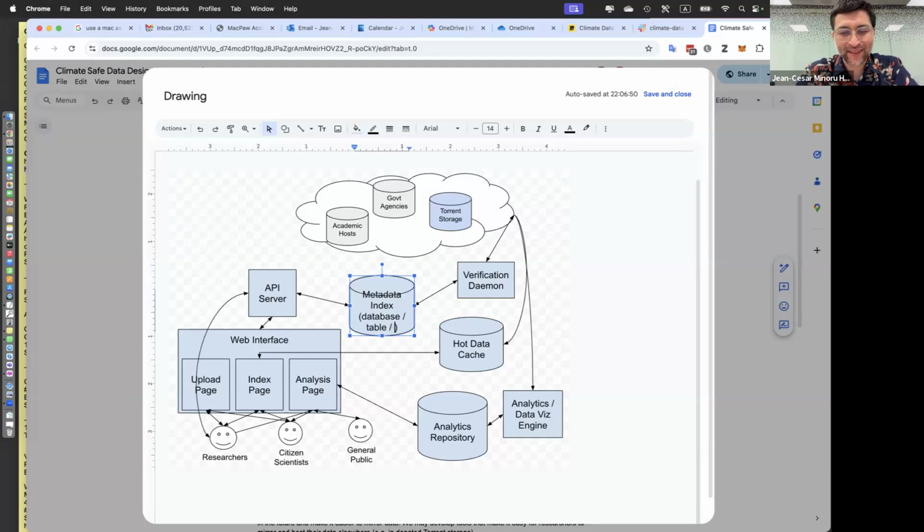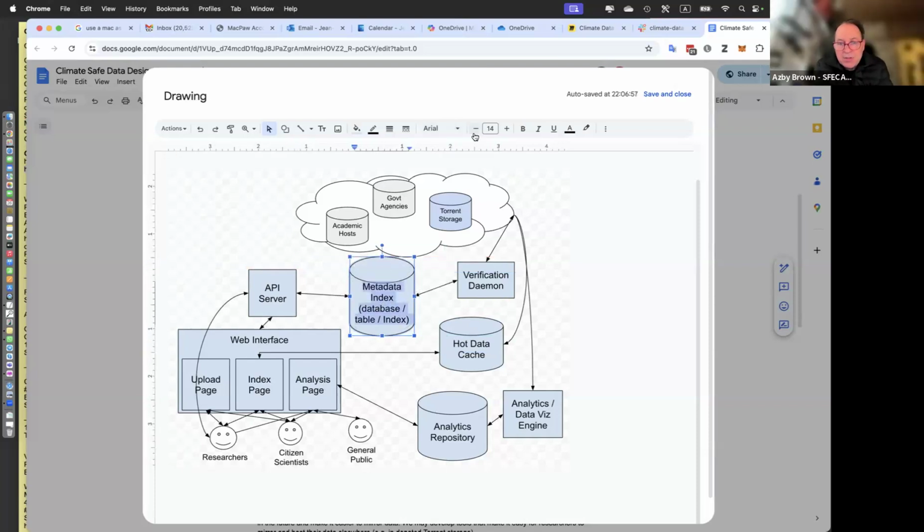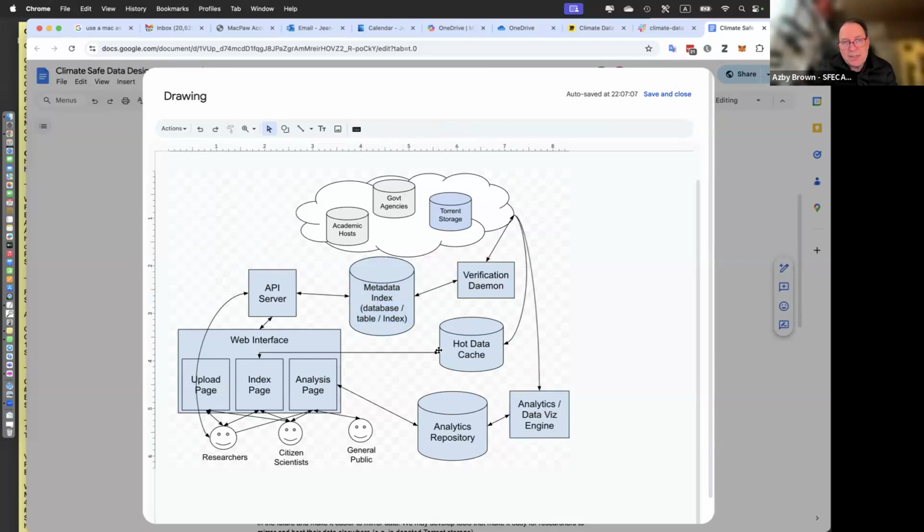The index. I think so, right? Yes. And the verification daemon is a process in there that filters and tries to verify data, assuming that this is going to be automated. But maybe there is an interaction stage there we need, right?